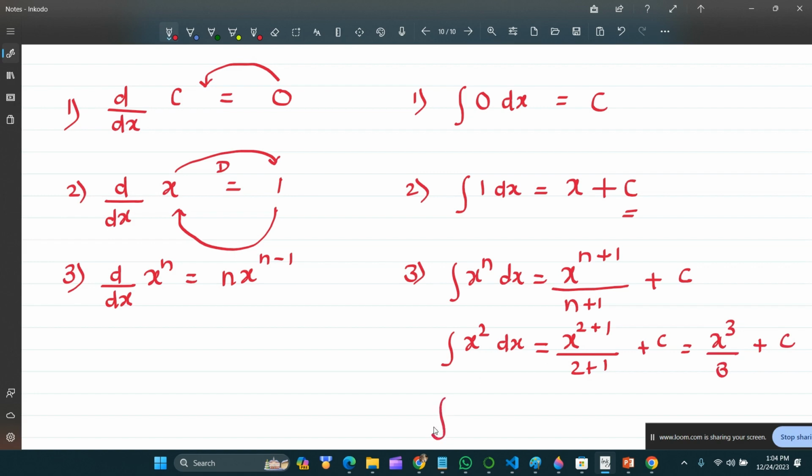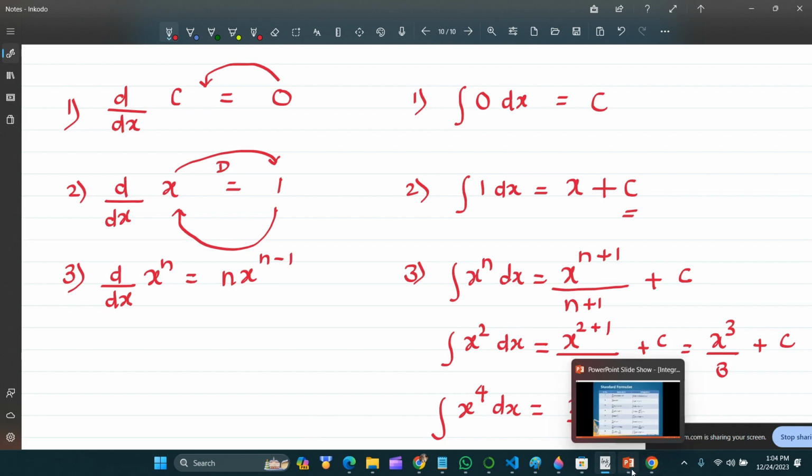Similarly, if I take integration of x raised to 4 dx, the answer will be, we have to increase the power by 1, that is x raised to 5 divided by the same number 5, plus c. So it is exactly opposite to derivative.